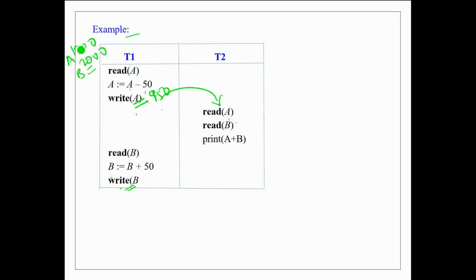So, at this point in time, if T2 is permitted to read, A will be 950 and B value will be 2000. So, it will print the addition of A and B as 2950, which is supposed to be 3000. Since it produces 2950, it is not a correct result. It leads to inconsistency. So, if the intermediate result of T1 is not revealed to T2, the consistency property could have been preserved.